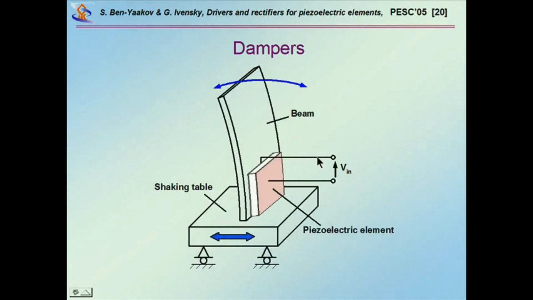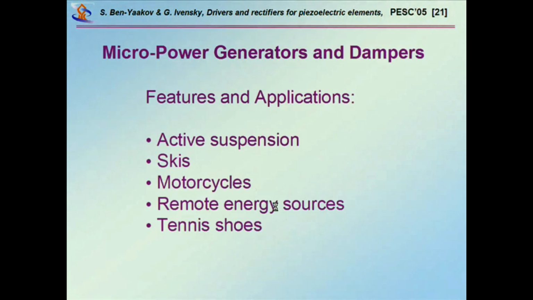Now, another application that is emerging now is dampers. If you have a beam that is bending due to movement, like a suspension, then you can hook up a piezoelectric element and absorb energy. By this, you actually reduce the quality factor, or the Q of the system, so it will reduce the movement, and this has in fact already been implemented in other applications.